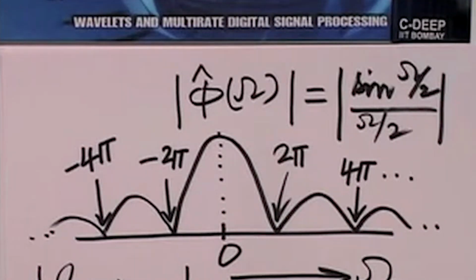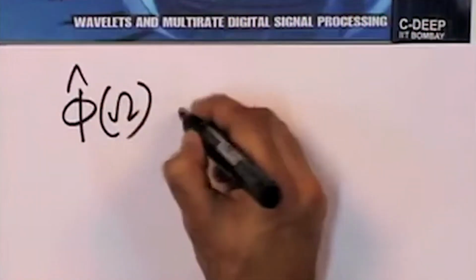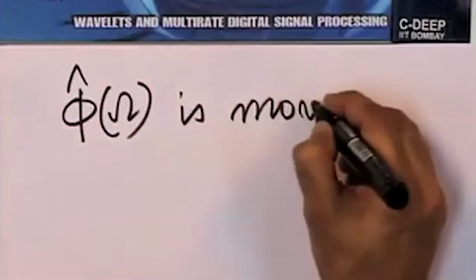In fact, just as we tried to build the idea of ideality in a filter bank, we also would like to build the idea of ideality in this phi t. The ideal phi t is actually the ideal low pass function. It is a low pass function which is like a brick wall. So, in some sense phi t in the spectral domain, or phi cap omega for that matter, is moving towards the ideal.